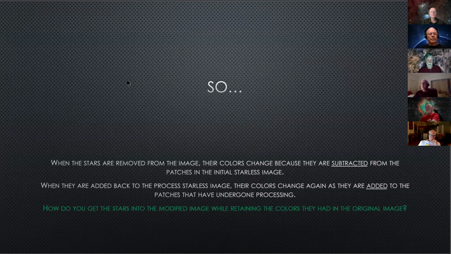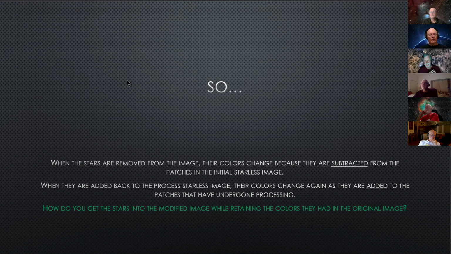So when stars are removed from the image, the colors change because they're subtracted from the patches in the initial image. And we saw just the stars only image, which had stars with strange colors in them. When they're added back to the starless image, their colors are changed again. They're not restored, they're changed again because they're added to an image that has been processed and changed.